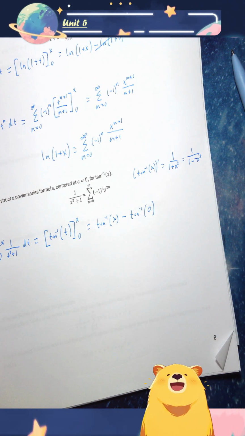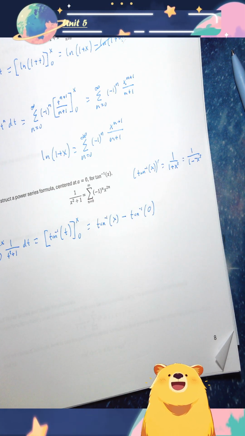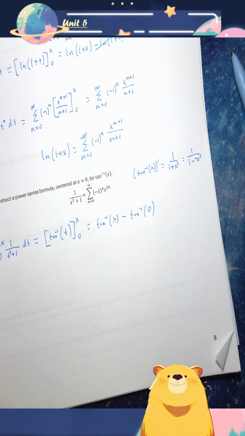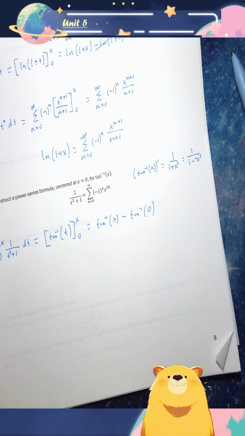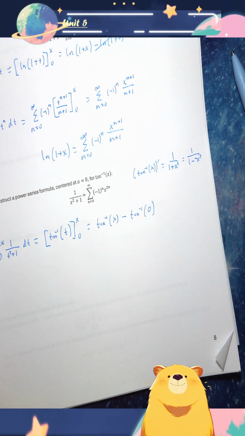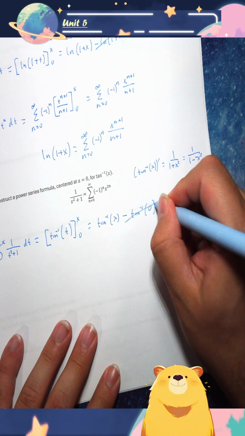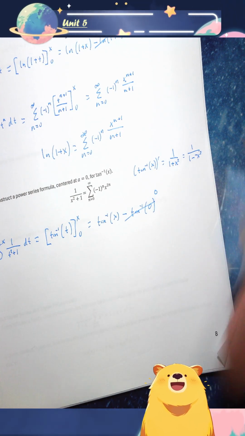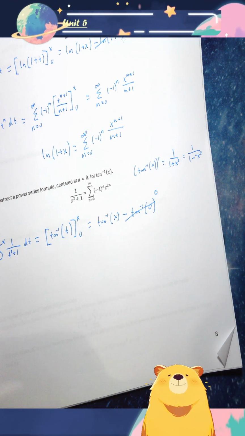I forget what tangent inverse of 0 is real quick. Let me just type that into a calculator. Tangent inverse of 0 is 0. Okay. So it's going to come out to 0. So really on the left-hand side, you just have tangent inverse of x.